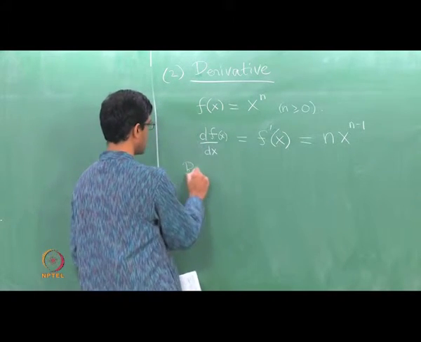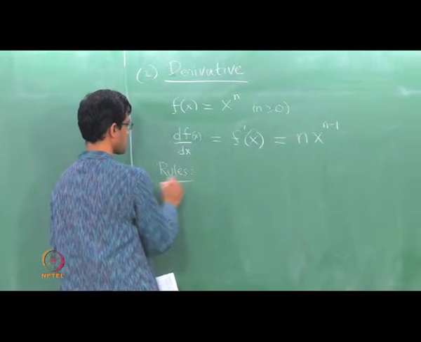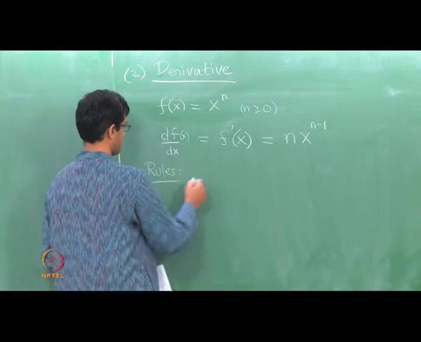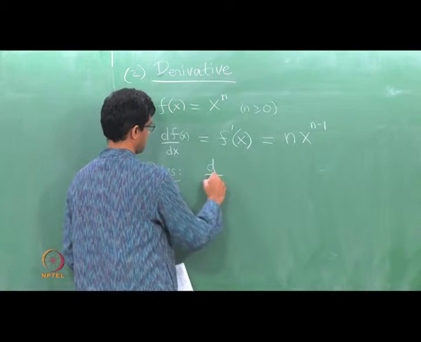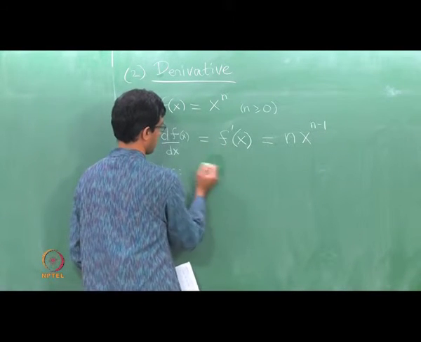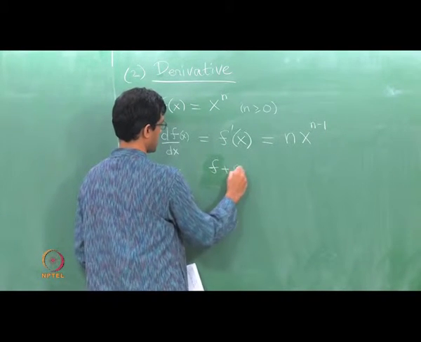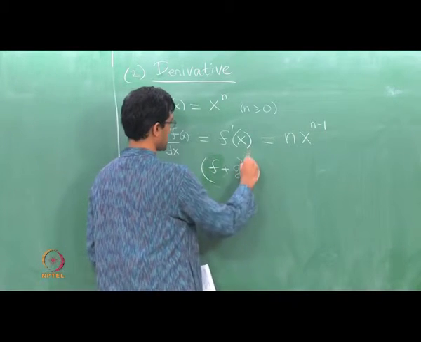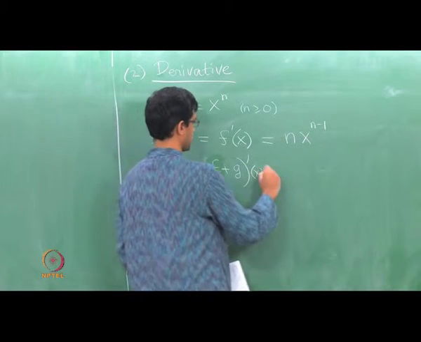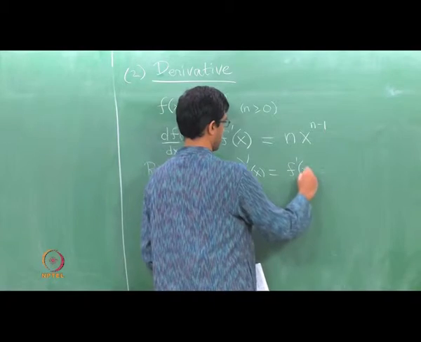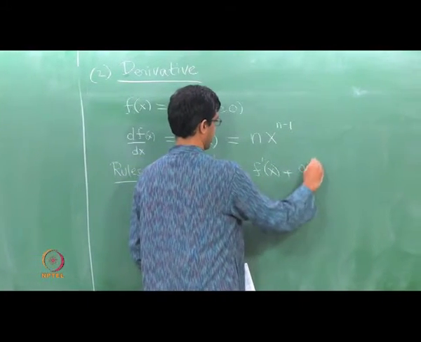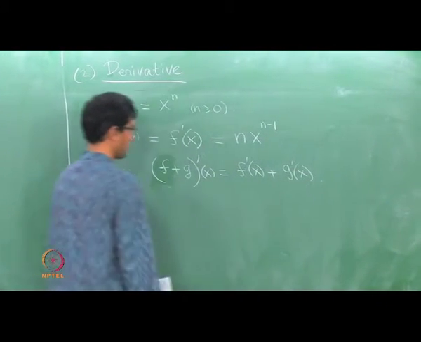So if I take f plus g, a sum of two polynomials, and try to find its derivative, then it's just the sum of the derivatives.